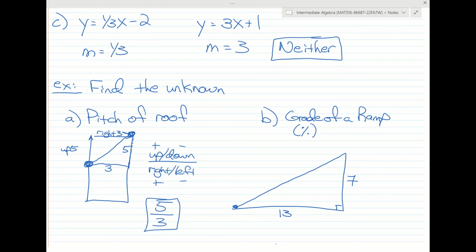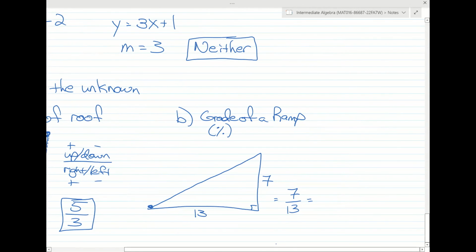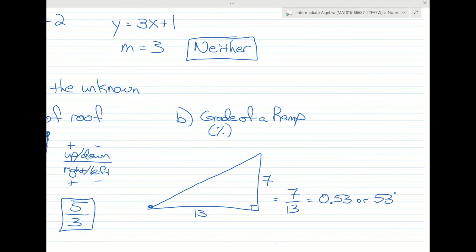It's a good thing they're easy. The grade of a ramp means slope. So this is going to be up 7/13. As a decimal, that's 0.53 or 53%. That's what they're looking for.